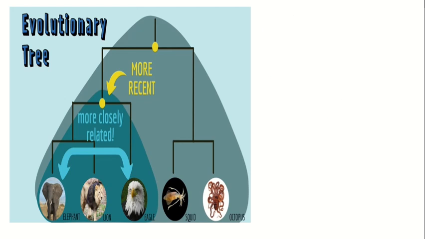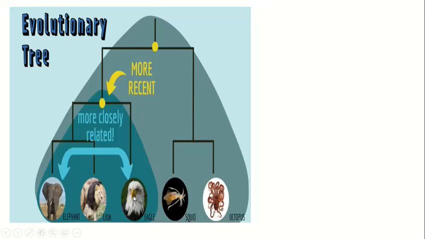So now let's have a look at how to read a phylogenetic tree. One of the easiest ways to read a phylogenetic tree is to focus on the most recent ancestors. And over here we can infer a few things. Basically, we can say that eagles are more closely related to elephants as compared to squids. And how can we make this claim?